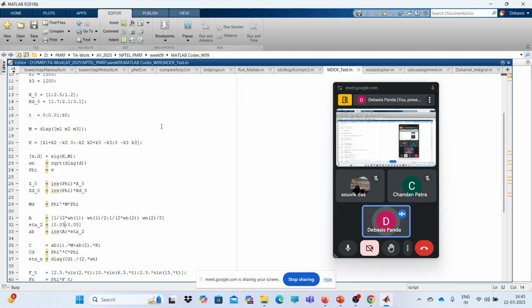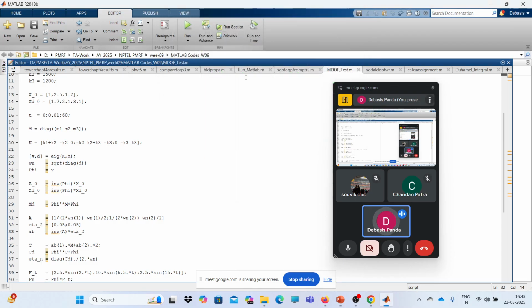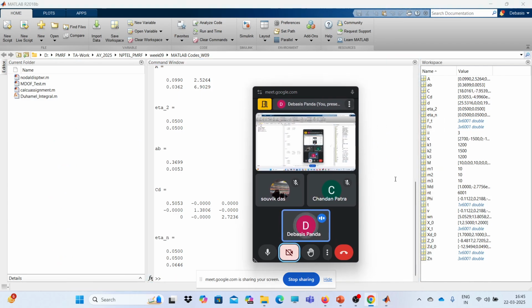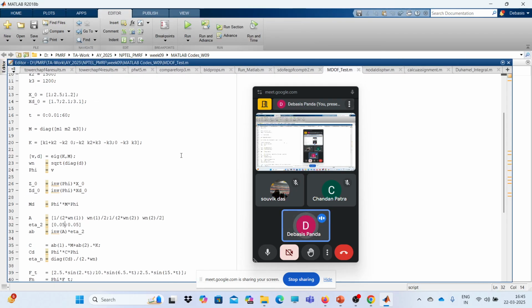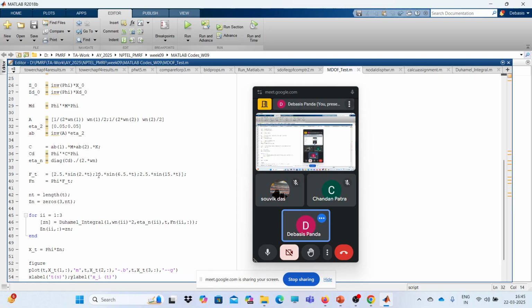Now corresponding to that, the phenomenon of resonance. Here we have seen that the natural frequencies of the system are calculated as 5, 13 and 21, and the forcing frequencies we have provided are 2, 6.5 and 15. Now if we change these forcing frequencies to those frequencies, we will have resonance.